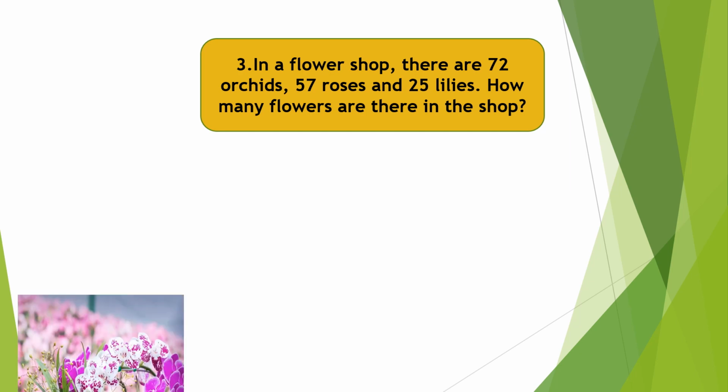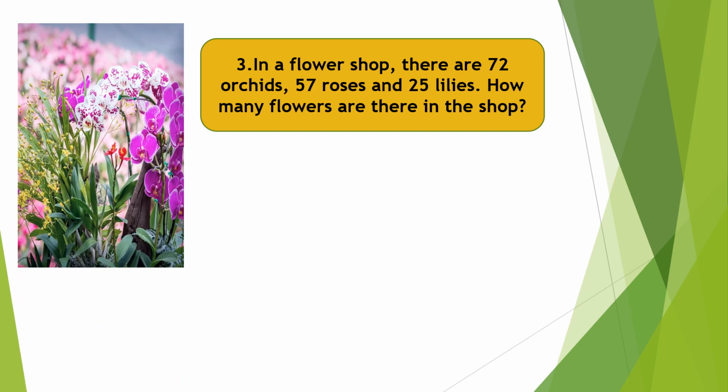Number 3. In a flower shop, there are 72 orchids, 57 roses and 25 lilies. How many flowers are there in the shop? So we know there are 72 orchids.